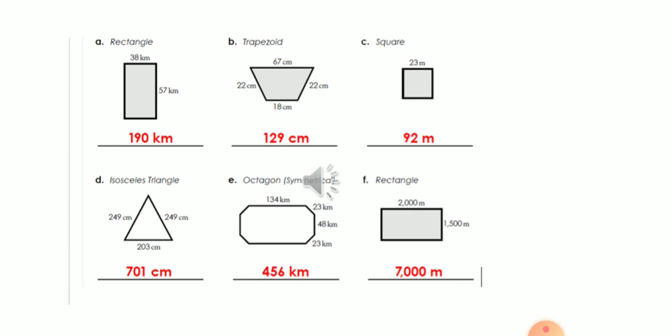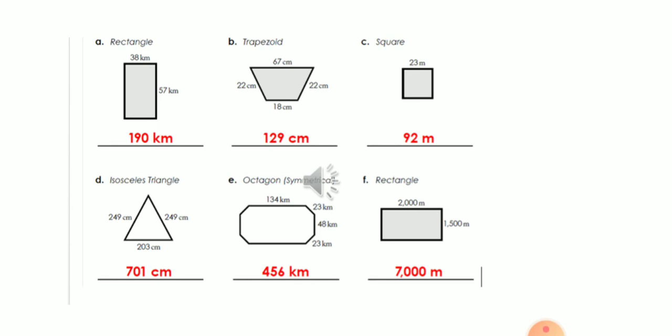Okay, the isosceles triangle. Isosceles triangle here means that I have two sides equal in length. Here I add all the side lengths, the outside length. Don't forget outside. Octagon: here I have an octagon and it's written symmetrical between brackets.